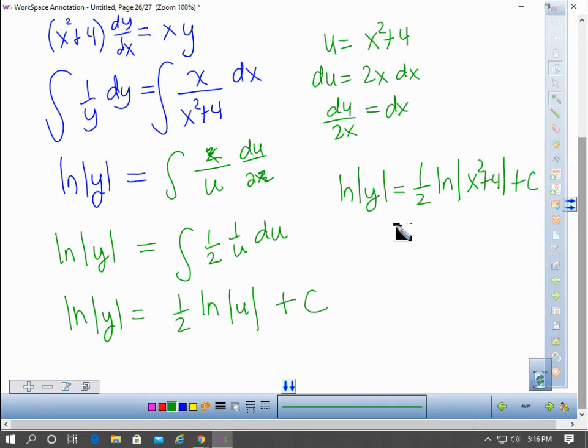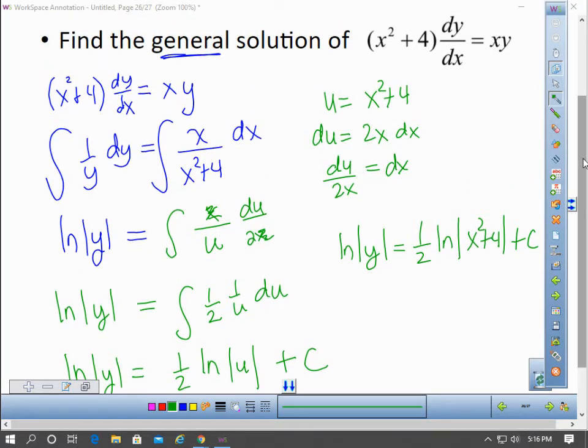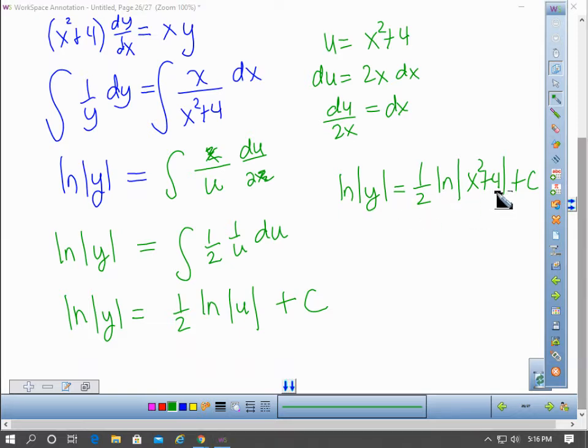All right. So now I would really like to have this solved for y. This is a general solution, but I would really like to have it solved for y. So one of the easy things you can do, I can move this 1/2 back here. The ln of y equals, this 1/2 can become the exponent right here.